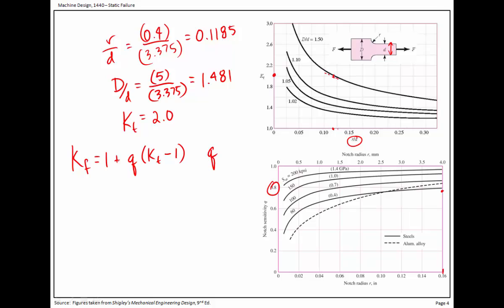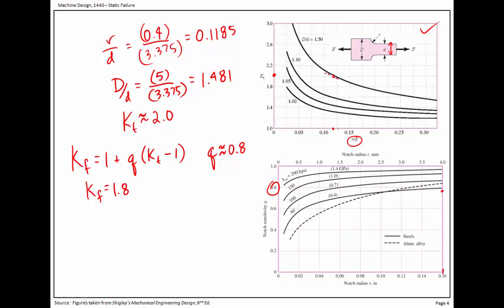We could use little squiggles right here to say that it's approximately 0.8. So if you plug those in there, I don't need to do the step-by-step math for you. You get 1.8.